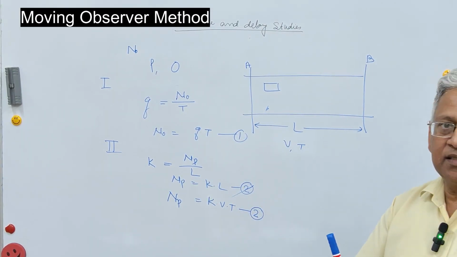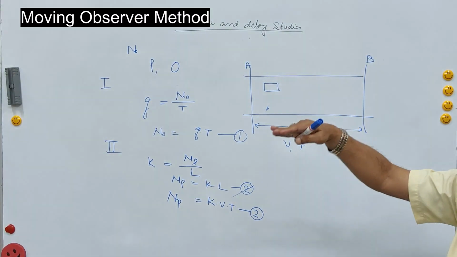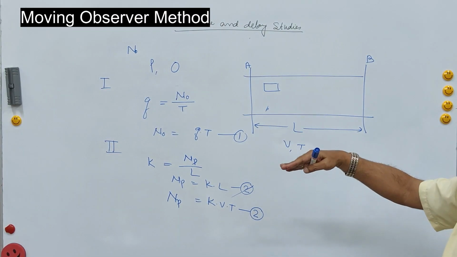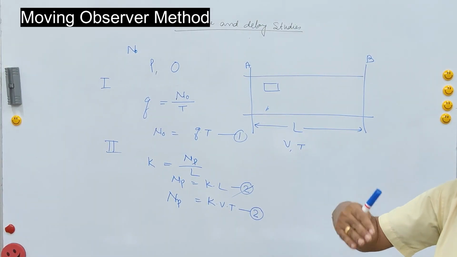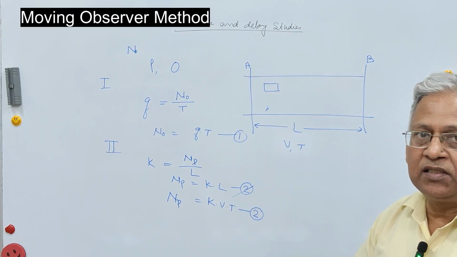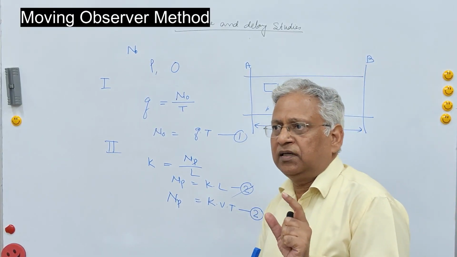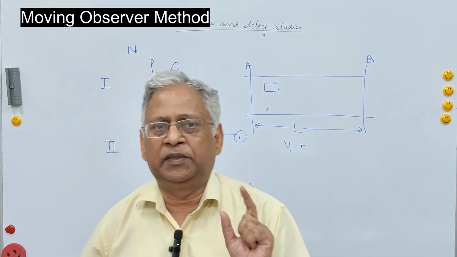But in actual case, both are moving. Test car is also moving and the stream is also moving. So in that case, there will be some vehicles which will be overtaken by the test car. This will be passed by the test car, and there will be vehicles which will overtake the test car. And the number will depend upon the speed of the test car with respect to the traffic stream speed.